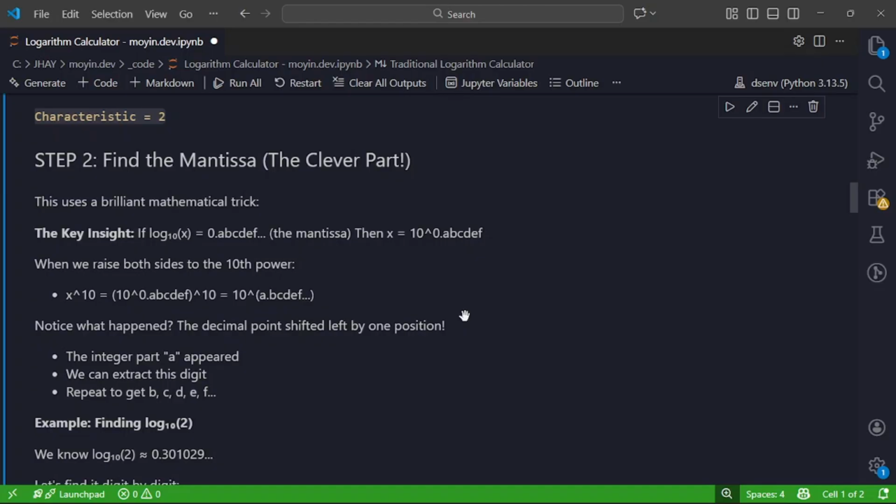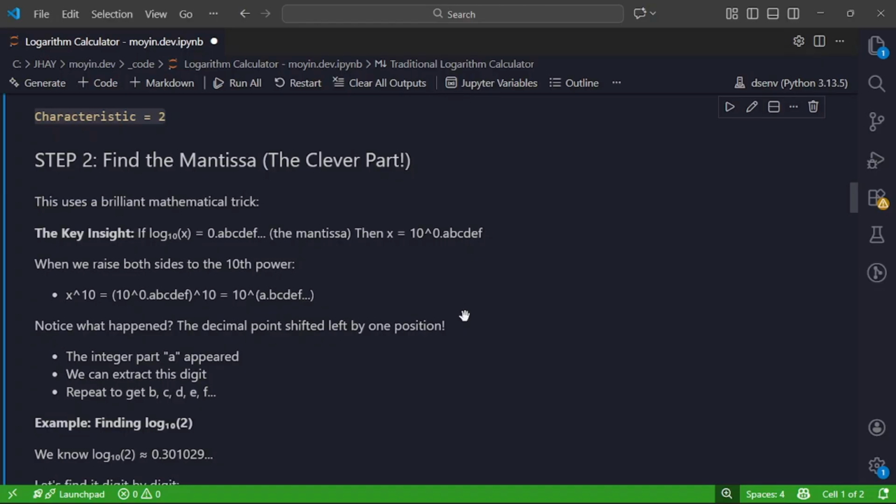It's like you are multiplying by 10, essentially. Because of that, there is a decimal shift to the left. Note, decimal shift to the left, which means that the 0 goes, and it becomes a point b, c, d, e, f. And that is very, very crucial, because remember, 0.abcdef is our logarithm itself.